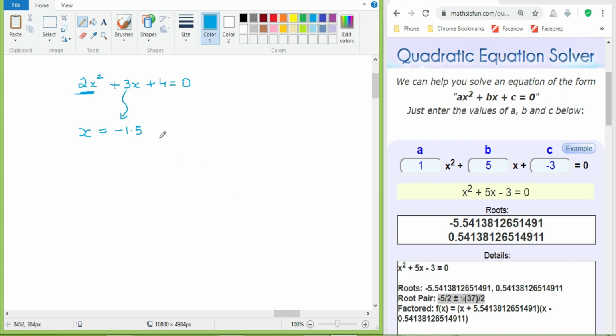Clear? Plus or minus root of, what is minus 1.5 whole square? 1.5 whole square, or 15 square, talks about 225. So it is 2.25. Yes Sandeep, it is 225.